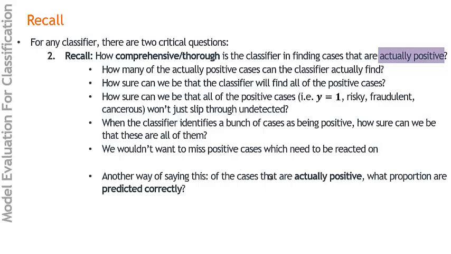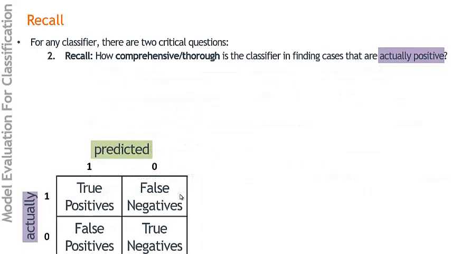So we can summarize this as saying, of the cases that are actually positive, what proportion have been correctly identified as actually positive? So here we're looking at the actual positives. That would be the first row.